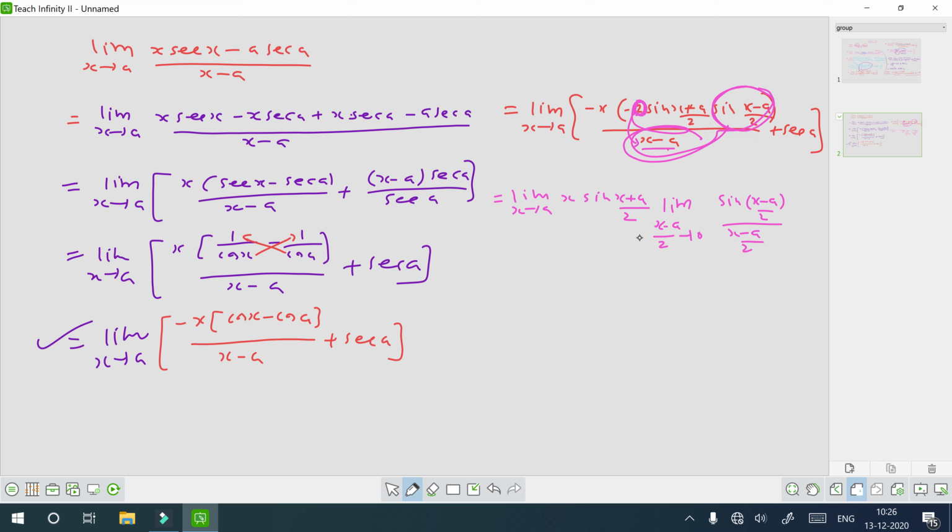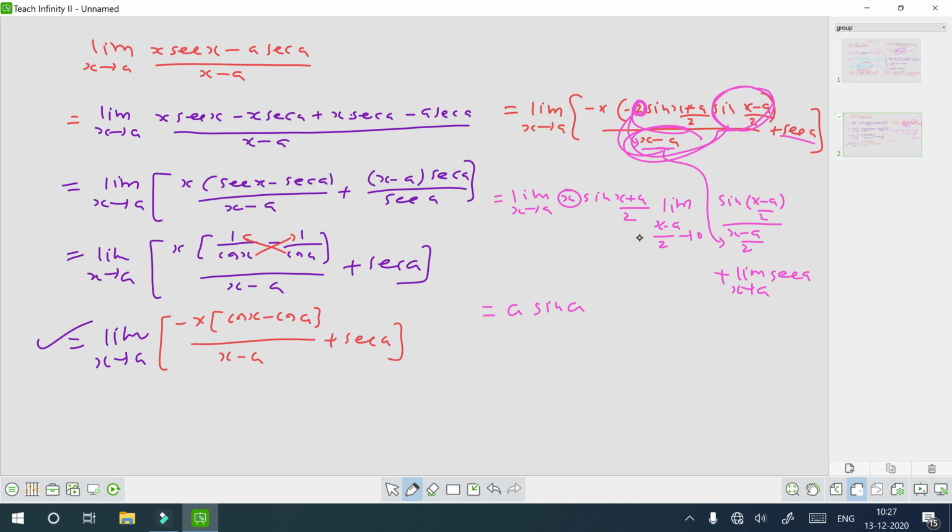This 2 is taken in the denominator, so we get this one plus limit x tends to a of the remaining term sec a. Clear? Yes. What is the answer? Take x equal to a: sine a, a plus a by 2 sine a.